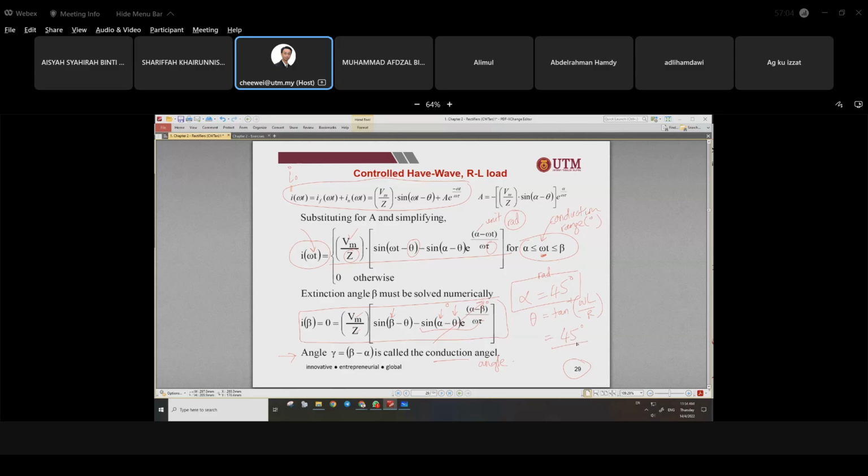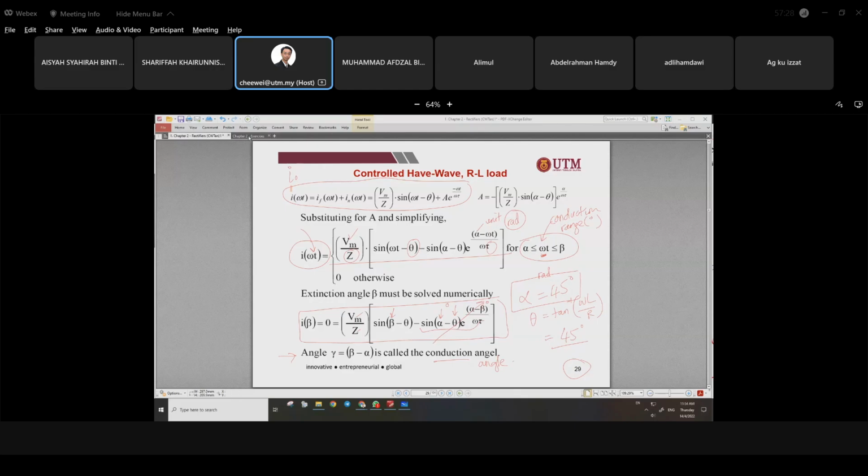Unless it's not 45 and I cannot eliminate, then you have to rewrite everything and press your calculator. Make sure you know how to press the calculator. There will be cases that you need to press the calculator for a long equation.